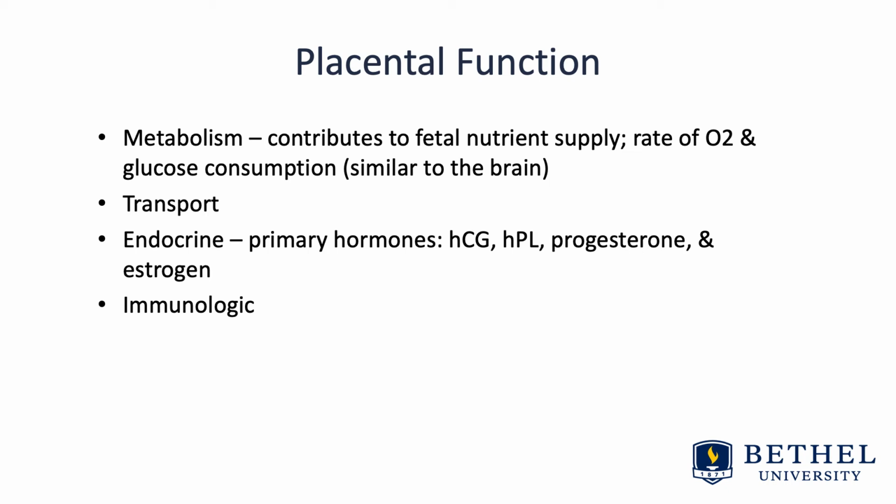There's a barrier there. The placenta serves as a barrier. And then IgG antibodies are able to cross through the placenta to give baby some immunologic protection as well. So in pregnancy, it's IgG that baby's able to get from their parent. And then after birth, it would be IgA through breast milk.